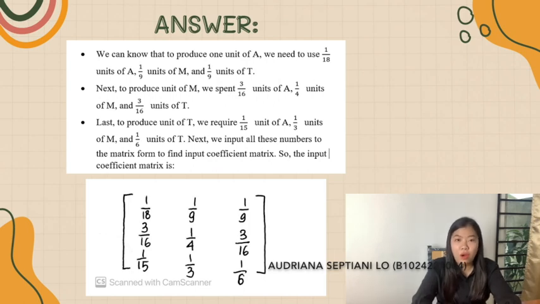So the input coefficient matrix is the matrix with rows 1/18, 3/16, 1/15; next 1/9, 1/4, 1/3; and the last column is 1/9, 3/16, and 1/6.